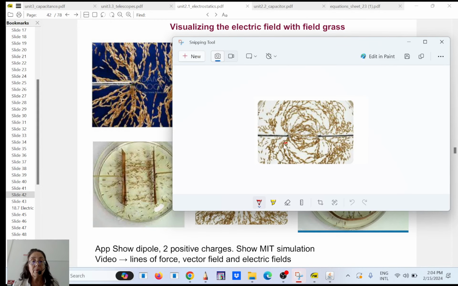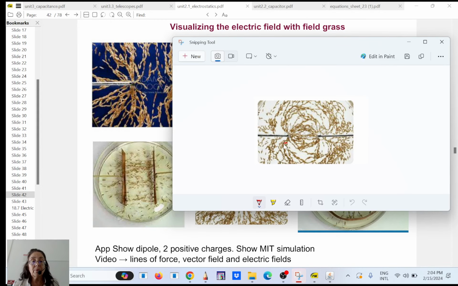So let's take an example. If you have a parallel plate capacitor, let me show you what it looks like. Do you remember this? You are charging your capacitor. What are these lines here?